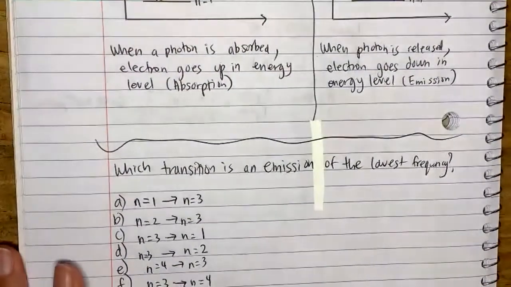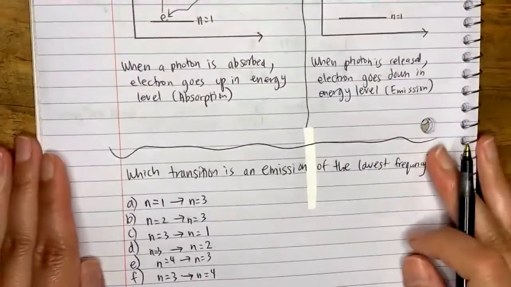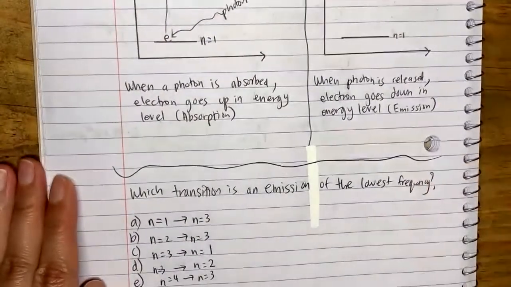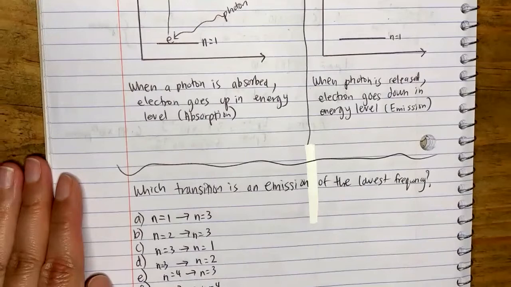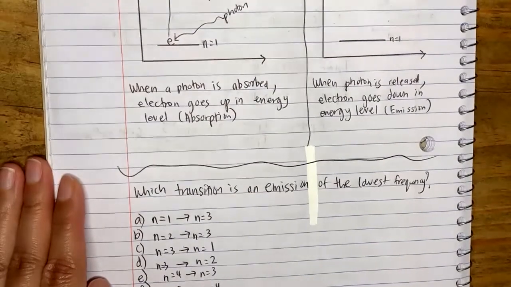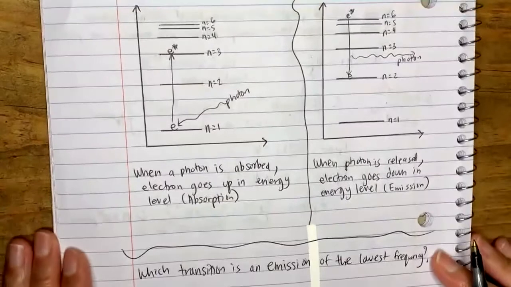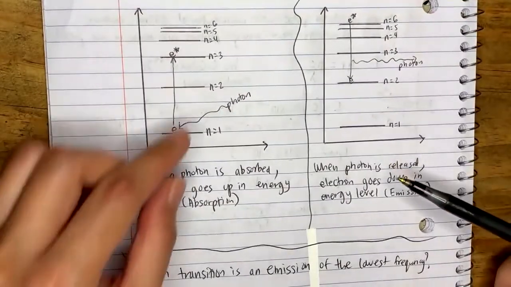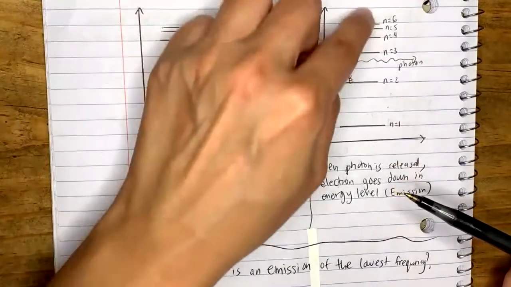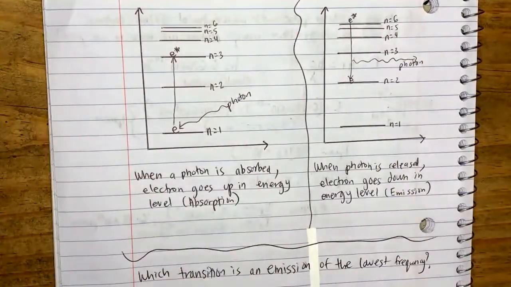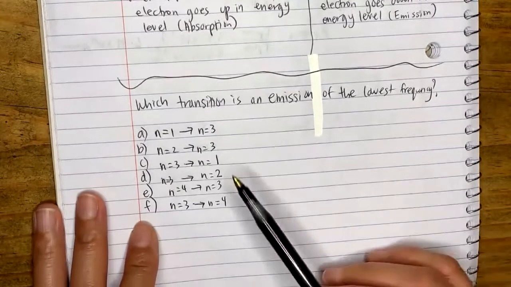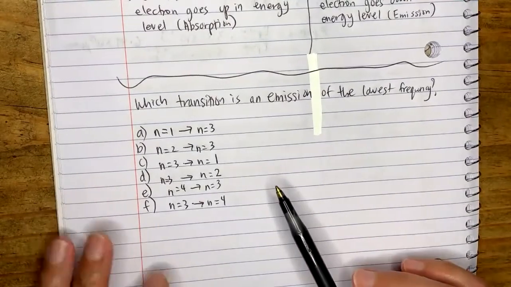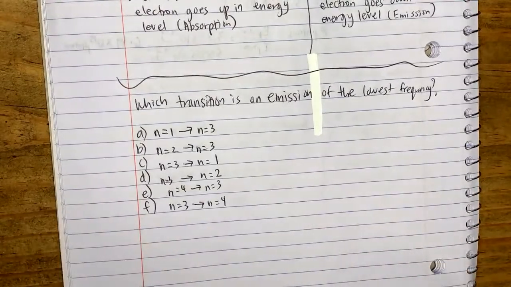Okay, so let me zoom out a little bit so you can see the map on the top. Basically, the lowest frequency will be the smallest gap that you can find, and it's coming down in energy. Okay, the higher the number, the smaller the gap. So you want to look for something that's coming down, and it's the smallest gap.